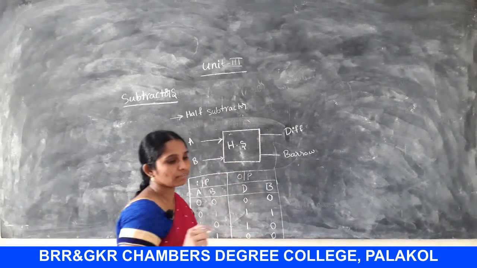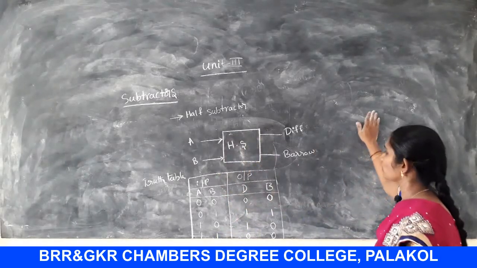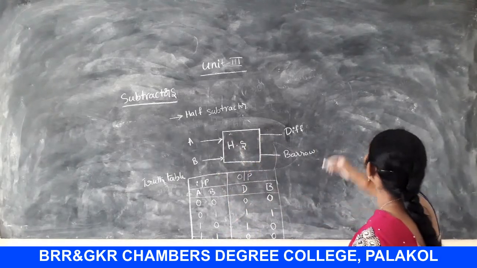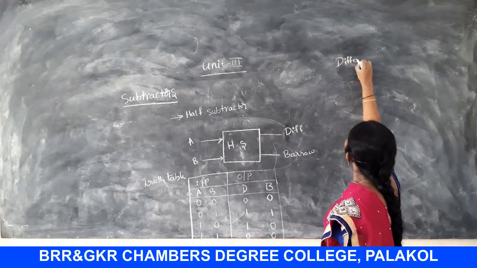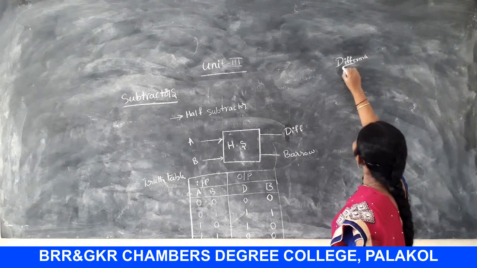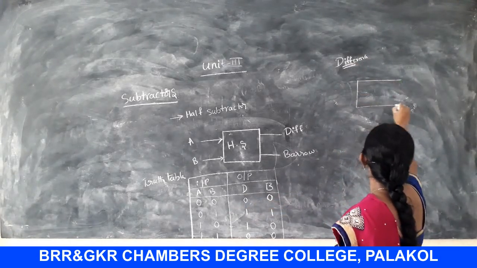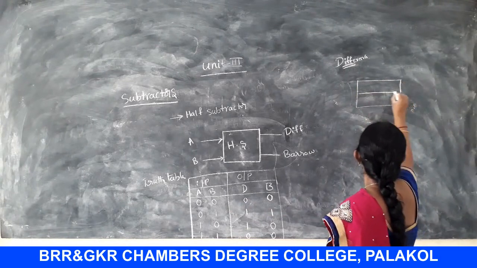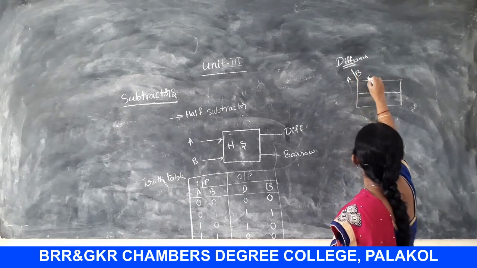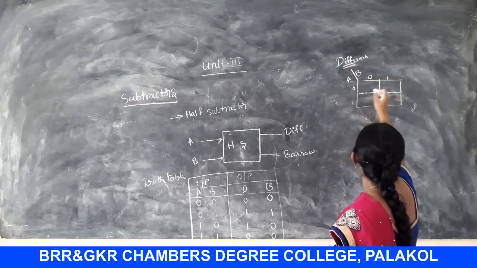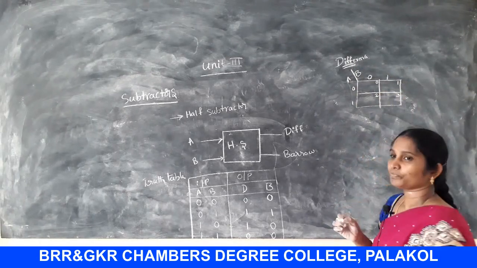So now we will derive the logic expression. First of all you have to find out the difference. Okay, so it is a two input, so that's why we need a two variable K map. So the two variable K map is here, this is A, B, 0, 1, 0, 1. So 0, 1, 2 and 3 here.